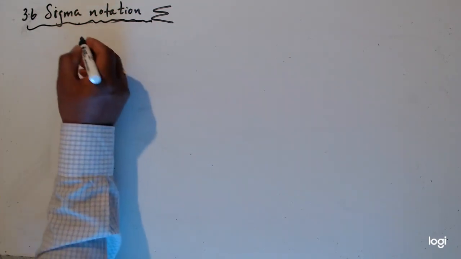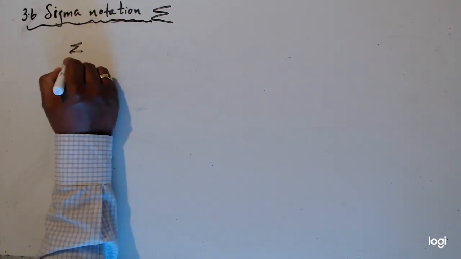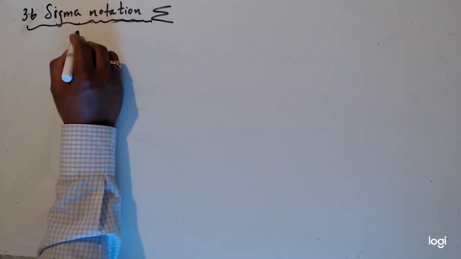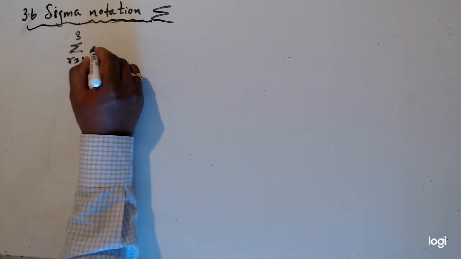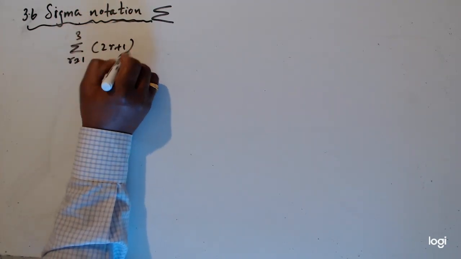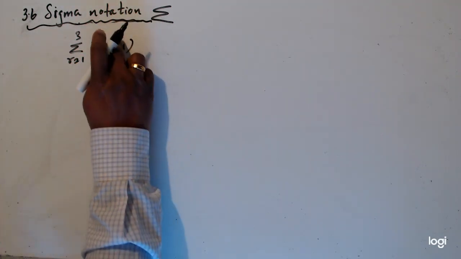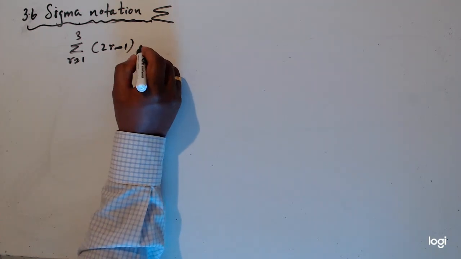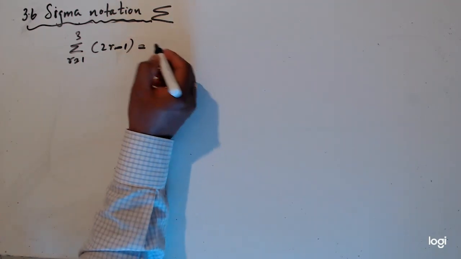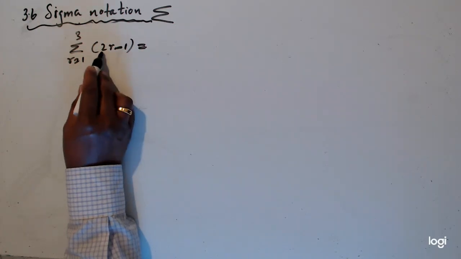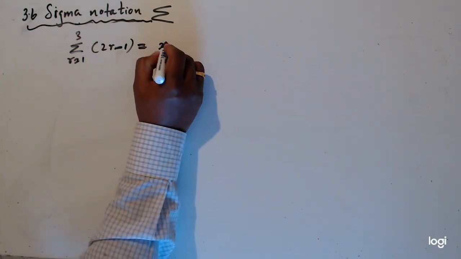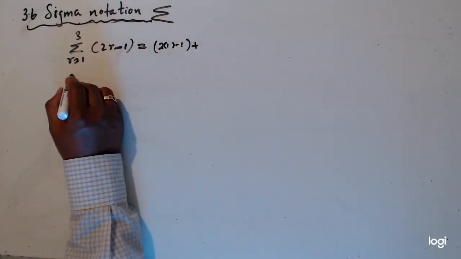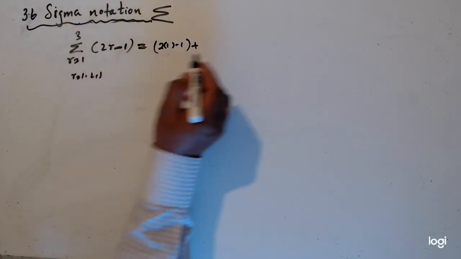Now, how do you find the series summation of r equal 1 to, let's say, 3 of 2r plus 1? I'm going to change it to minus 1 now because we already did the other one. For r equal 1, 2 times 1 minus 1; r equal 2; the r values go 1, 2, 3.